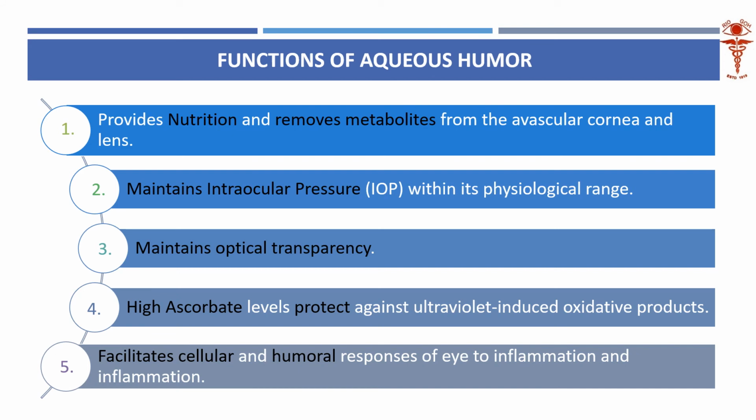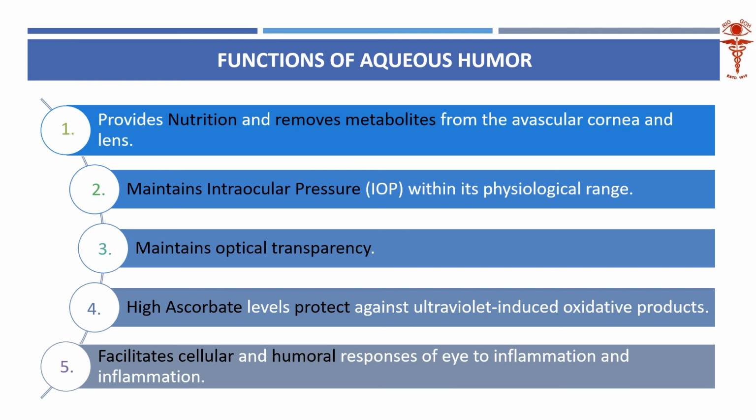If protein enters aqueous, it is called plasmoid aqueous. So these aqueous will be turbulent. They will not be transmitting light well. The transparency will be very less, so the patient will develop very poor vision in these situations. If a clear aqueous is there, then the patient will have good vision.